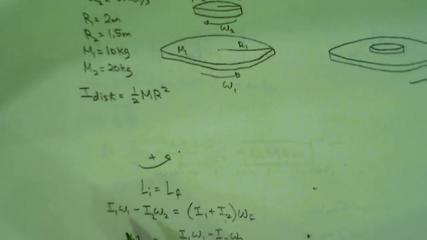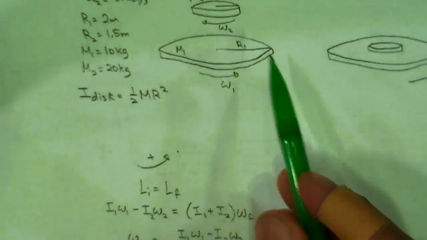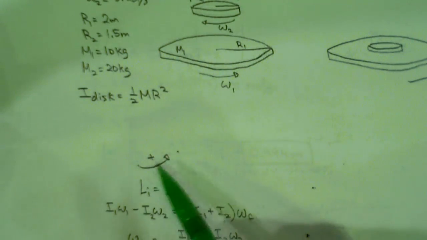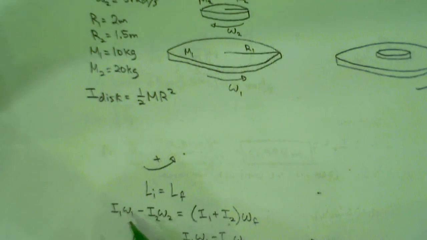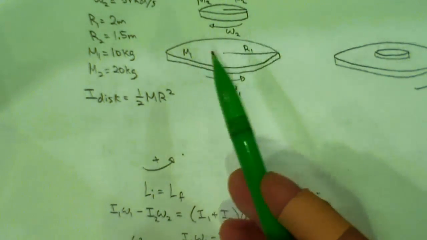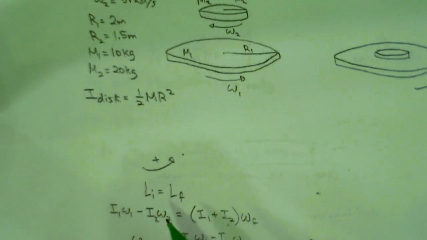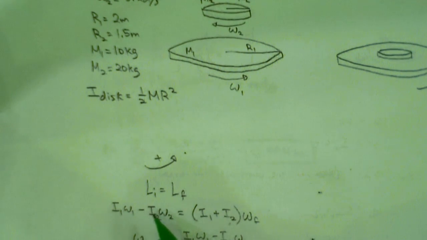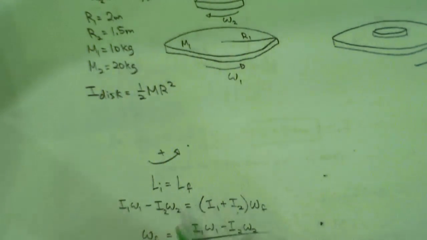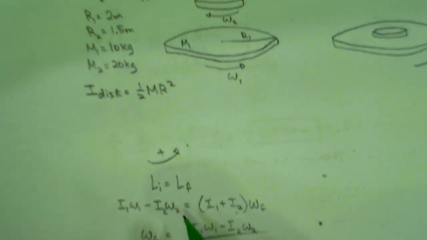This one is for the tortilla because it's in the positive direction of motion that I defined. See how omega is the same direction? So it's going to be positive. But the arepa is going in the other direction, right? So we need to make that negative to show that they're in opposite directions, all right? So we have I1 omega 1 minus I2 omega 2.